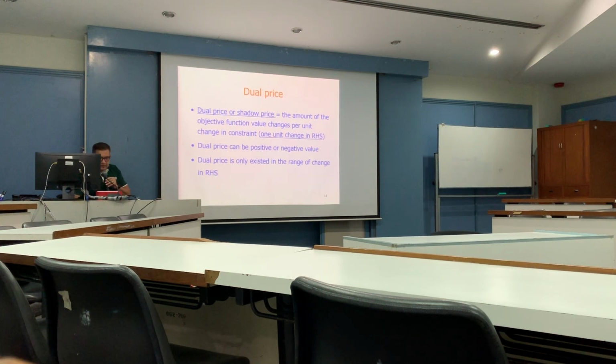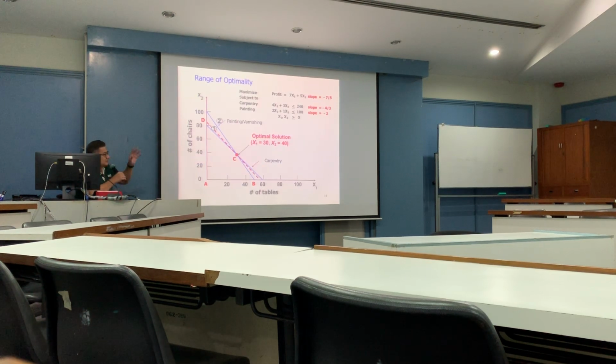Okay, look at this before we have a break. Just a real quick one. This is the example of Fair Furniture Company. Optimal solution at point C, x1 = 30, x2 = 40. If I want to find the dual price of the first constraint, what are we going to do? Dual price for the first constraint.